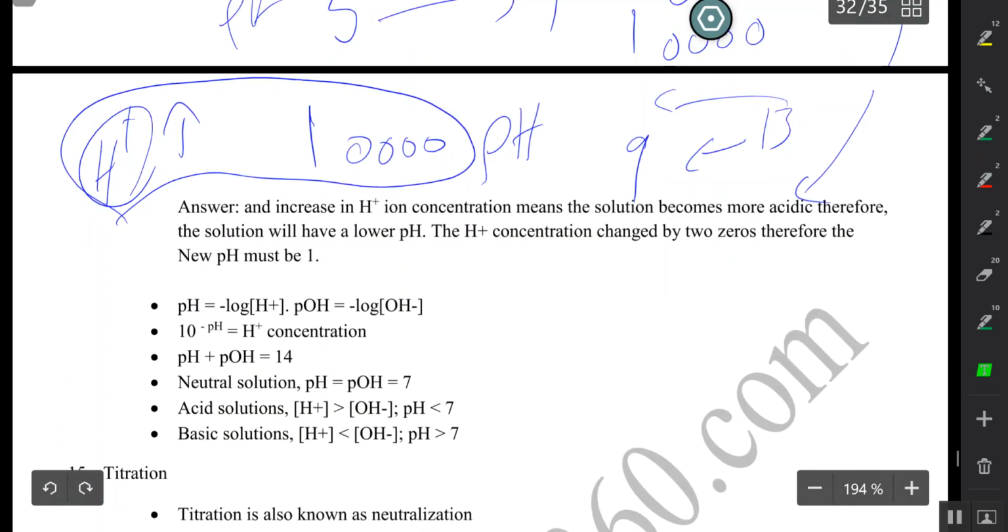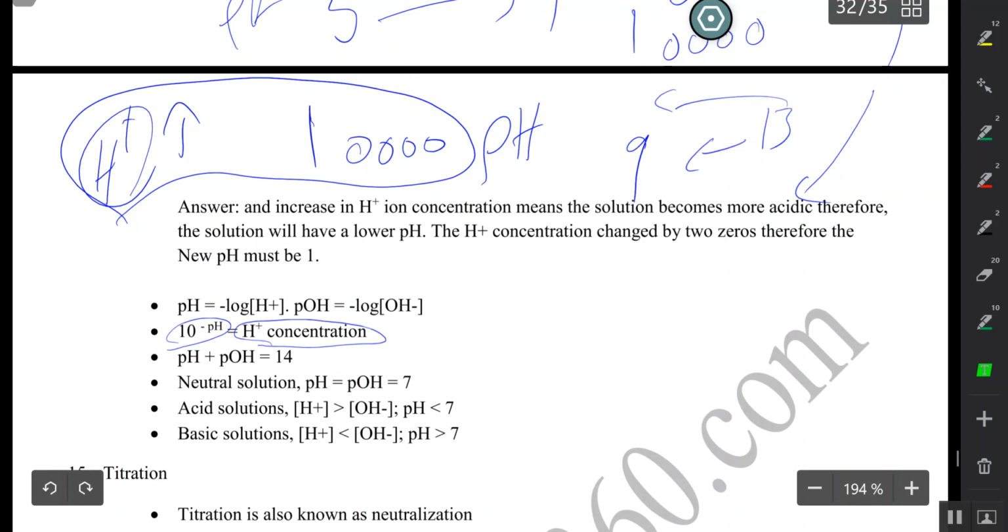All right. So here's more information about the relationship between pH and pOH. If you're calculating the pH, you'll take negative the log of the H plus concentration. If you're calculating the pOH, negative the log of OH concentration. And same thing the other way. 10 to the negative pH is going to equal the H concentration.